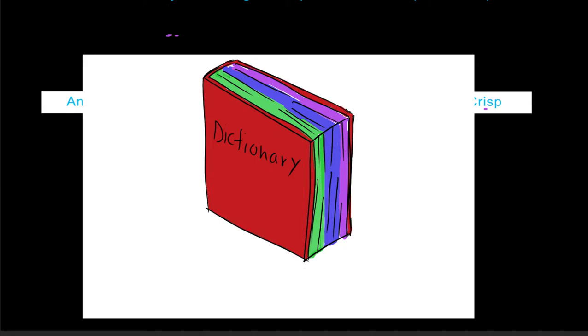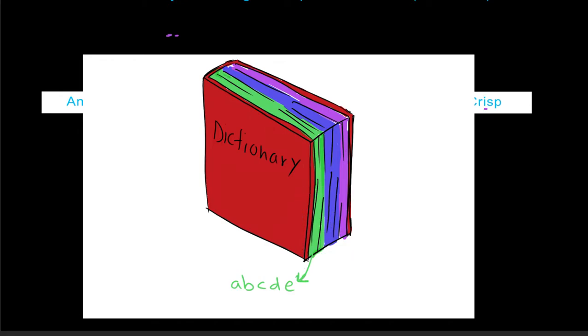So you can divide up a dictionary into 3 parts. For the first third, you can divide it into words that are probably going to start with A, B, C, D, and E. So the first third of a dictionary, it's probably all going to be words that start with the A, B, C, D, and E letters, okay?